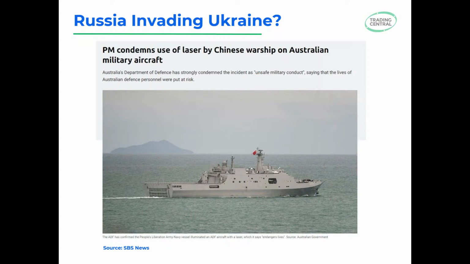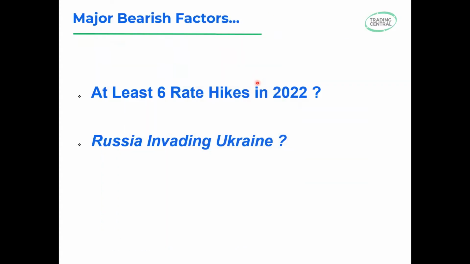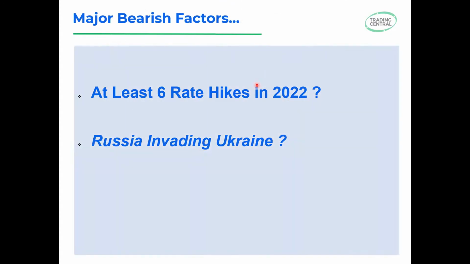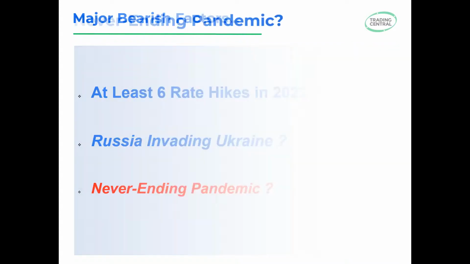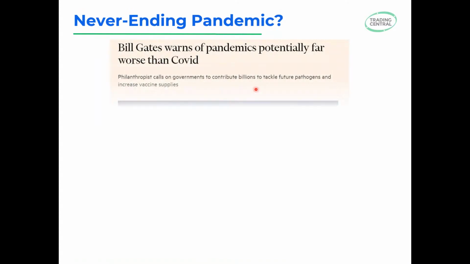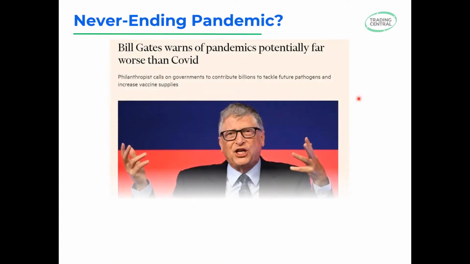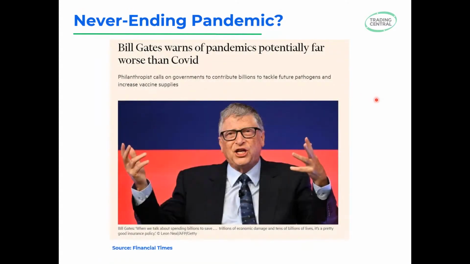So we come to my third major bearish factor on the stock market. What is that? I mentioned at the very start of this webinar, that is the pandemic. I've described the situation in Hong Kong, Singapore, South Korea, and even Tokyo, where we are seeing over 10,000 Omicron cases per day.